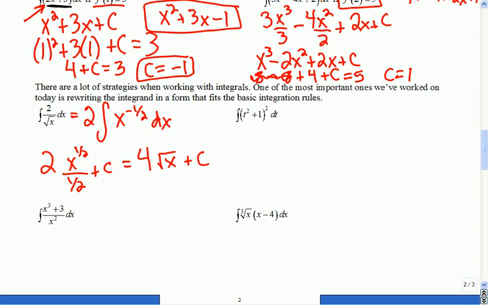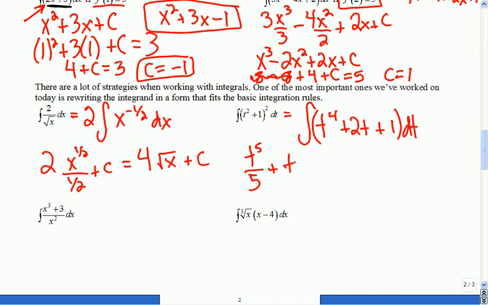Okay, and then in the second example, this one I would probably choose to rewrite as t to the 4 plus 2t plus 1, because that's way easier to do than think about a chain rule at this point. So it'll be t to the 5 over 5 plus t squared plus t plus some constant.